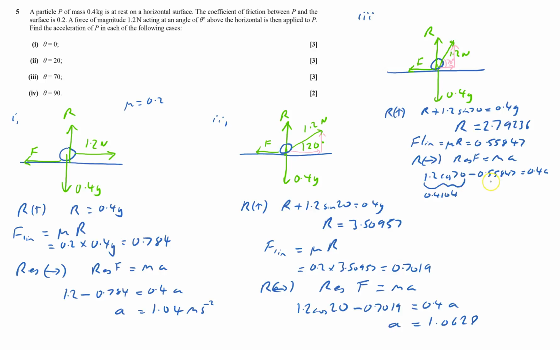That's not enough to beat the maximum friction. This actually gives a negative acceleration, which would be saying that it's actually going the other way. Well, that's rubbish, it can't happen. So here a equals 0 because friction won't be overcome.